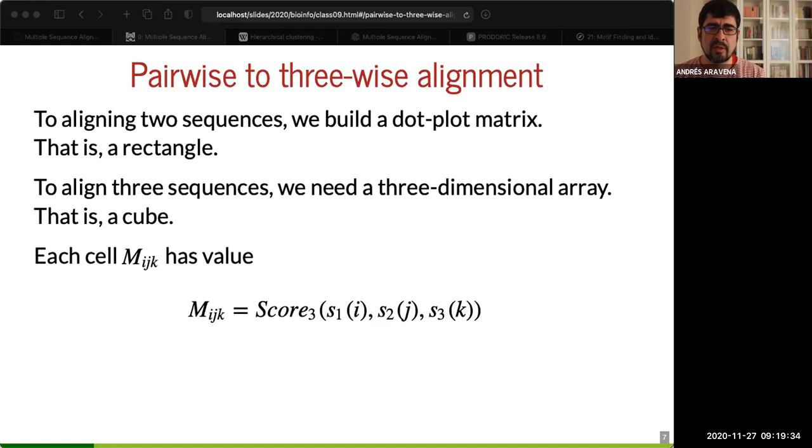Ideally, if you have a lot of time, you put gaps in every position and calculate the score, and then you put gaps in another position and calculate the score. But the number of combinations is huge. So you better have a faster way.